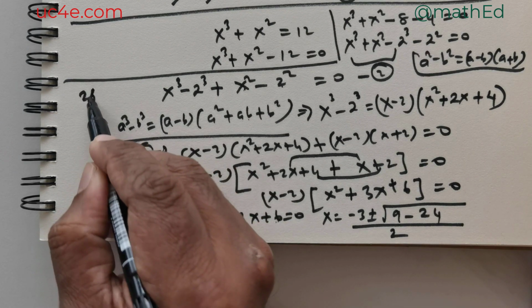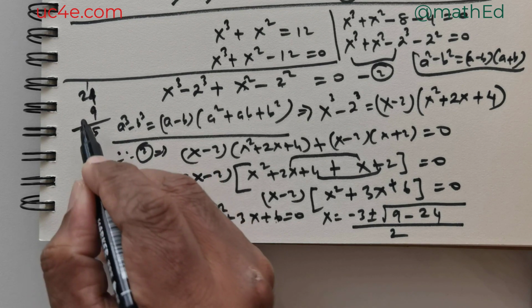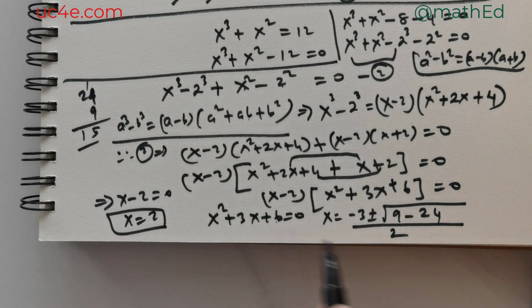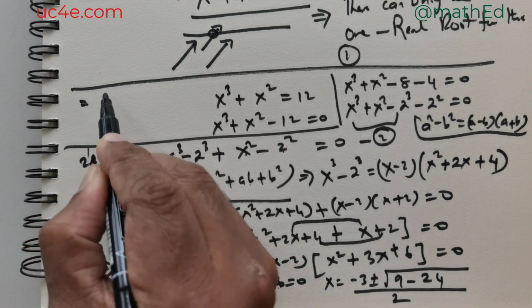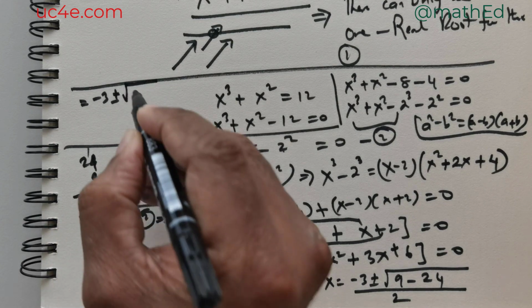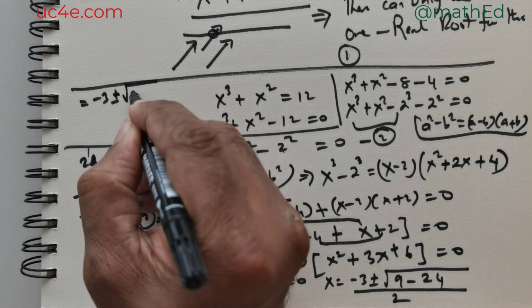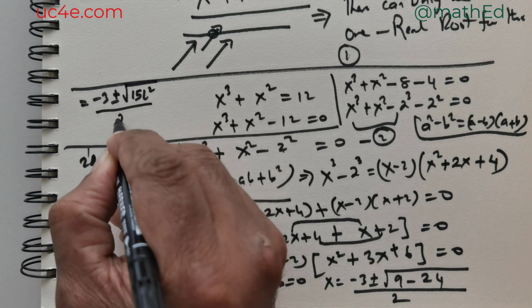From 24 you take away 9. So what do you get here? You get 15. So if you were to write this, this is going to be minus 3 plus or minus root of minus 15. It's going to be negative 15.